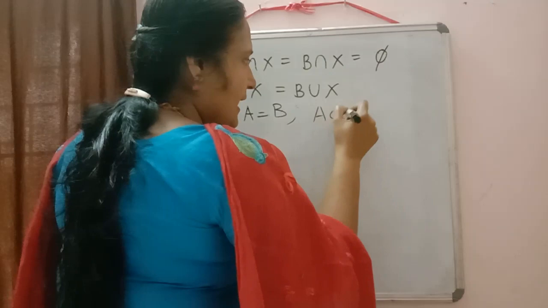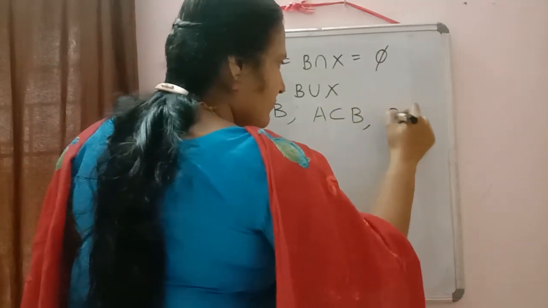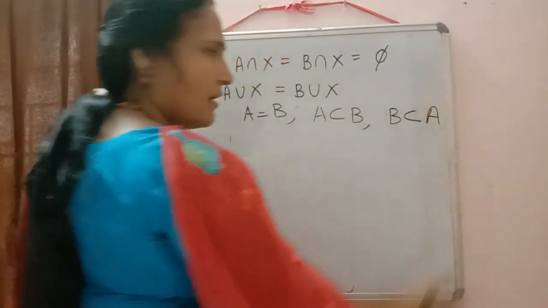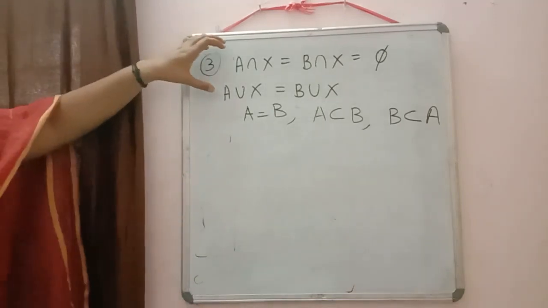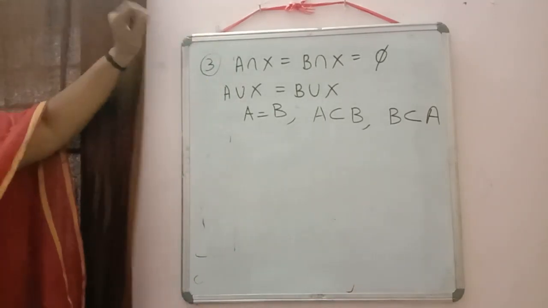Yes, we will prove A is a subset of B and then we will prove B is a subset of A using the condition which is given. You have to use this information.